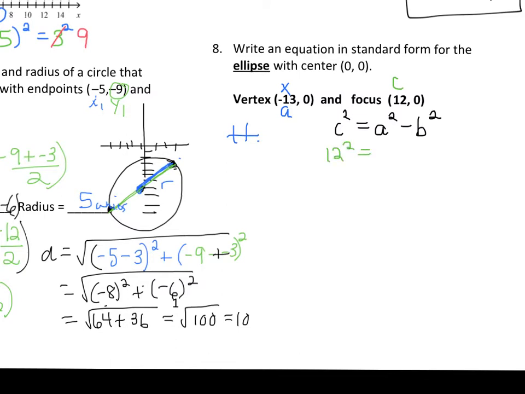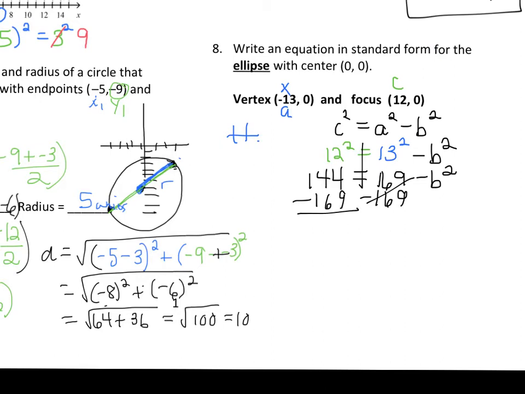We'll plug in A, it'll be 13 squared, and then we'll solve it for B. So this will be 144 equals 169 minus B squared. We'll subtract 169 from both sides, and we come up with negative 25. It's going to equal negative B squared. Those two negatives are going to cancel each other out, and the last thing we have to do is square root the B. So we're going to get plus or minus 5.